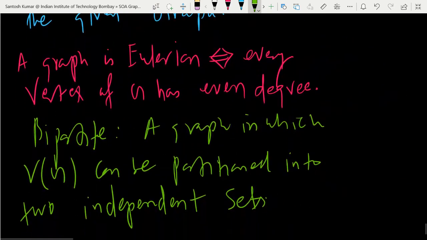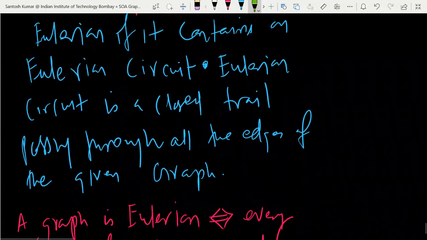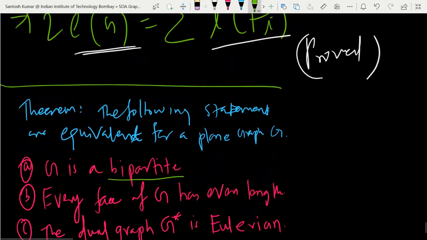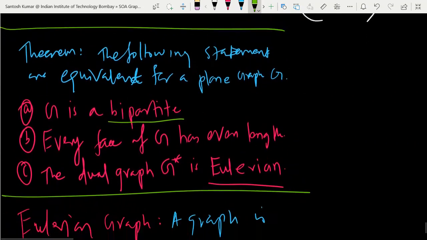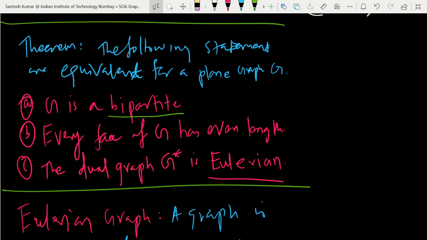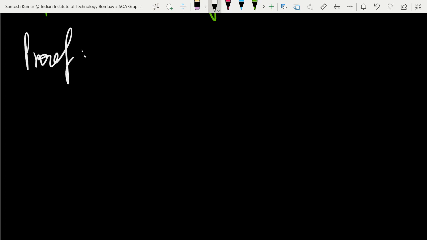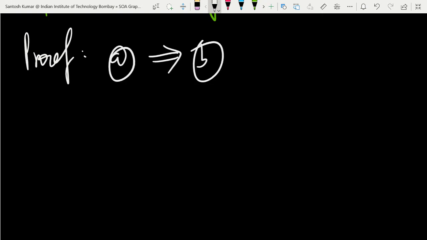Okay, so let's come to the proof now. This was the theorem, and that was just the definitions. So we have to prove this statement. We have to prove that all three statements are equivalent. I will prove A implies B, then we will prove B implies A, meaning A and B are equivalent, since if and only if means equivalent.